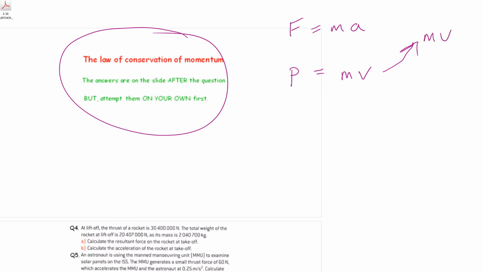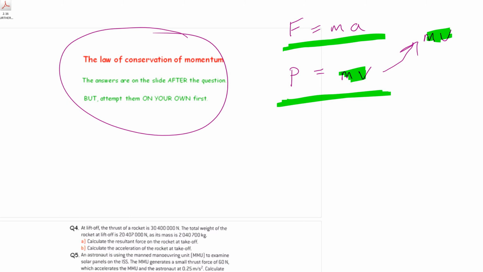It is lower at the start and higher after the object has accelerated. We are going to use F equals ma today, and we're also going to be using momentum is mass times velocity. But we can rearrange these equations.